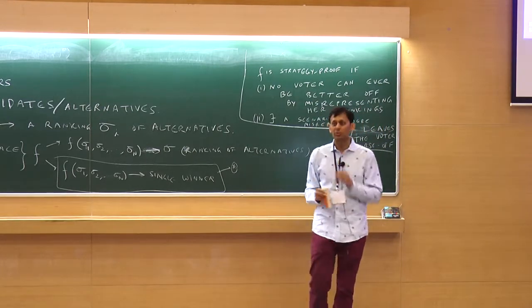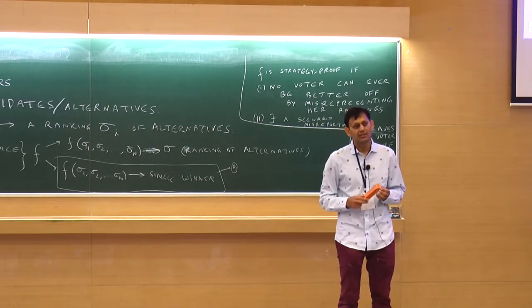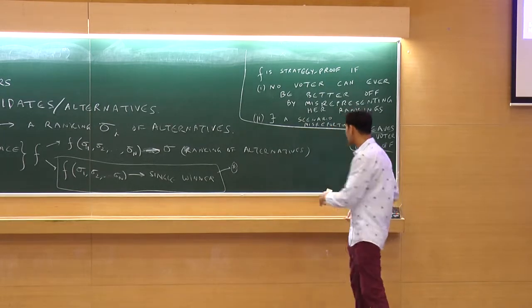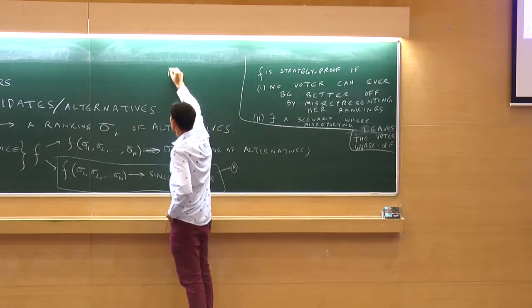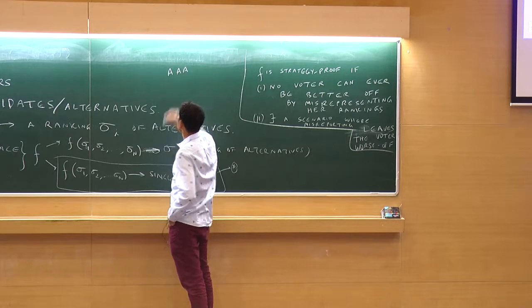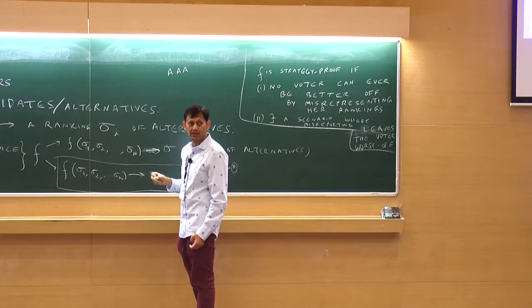There's something simpler than plurality, which is strategy proof. But first, imagine the following situation where 3 people are voting for A, okay?